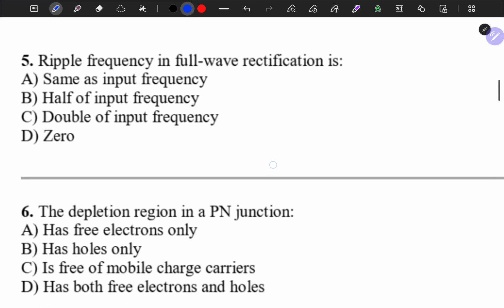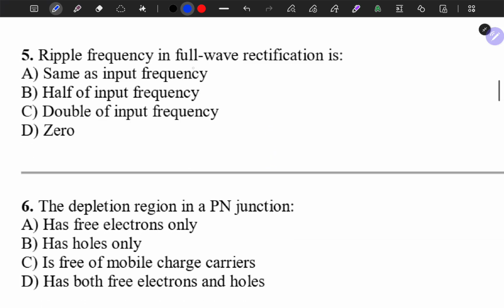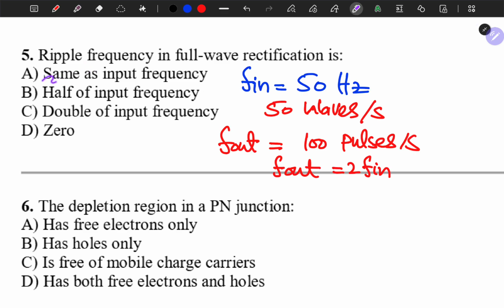Okay, question number 5: ripple frequency in full wave rectification is. Here the options are the same as the input frequency, half of the input frequency, double the input frequency, and 0. By ripple frequency, we basically mean that the frequency of the AC we are using is 50 Hertz, which refers to 50 waves per second.